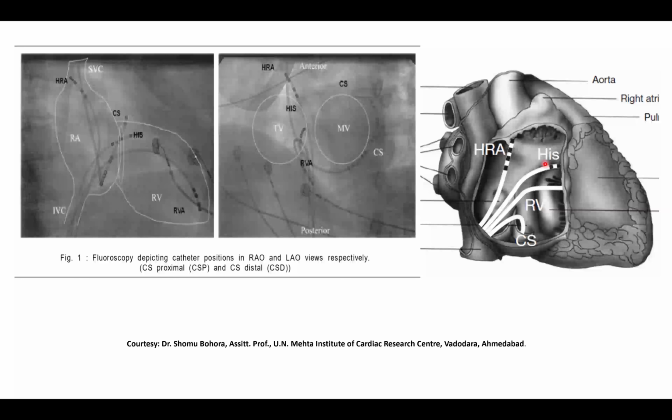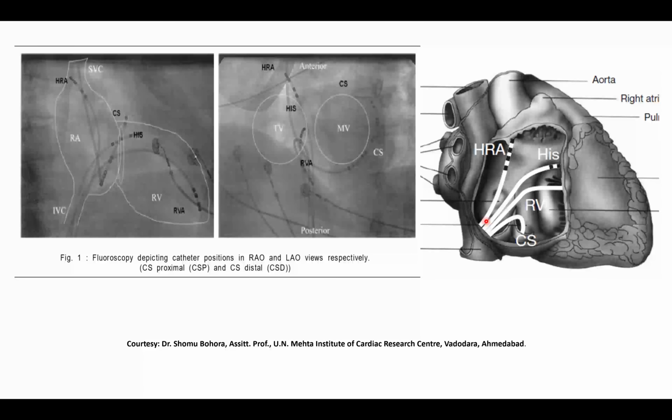Third, you place the most important catheter in the electrophysiology lab, which defines everything, because to say whether it's a supraventricular tachycardia or ventricular tachycardia, the commonest thing is His positive tachycardia or His negative tachycardia, right?